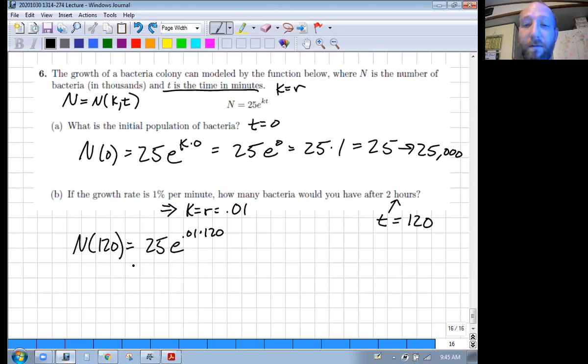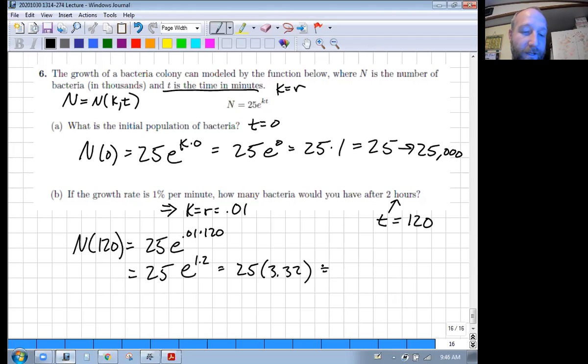So we'll start with the exponent. 0.01 times 120 is 1.2. So e to the 1.2 is 3.32.